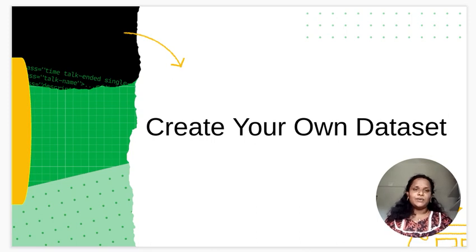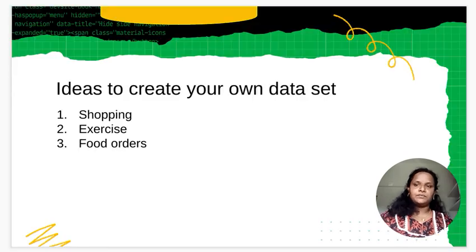So what you can do is go to Kaggle and see the problem statements. If you are able to understand any of the problem statements at least 50%, go with that. The other 50% you can Google in parallel when you are trying to solve the problem. Otherwise it's fine, you can create your own data set. How you can create your own data set, I'll tell you now.